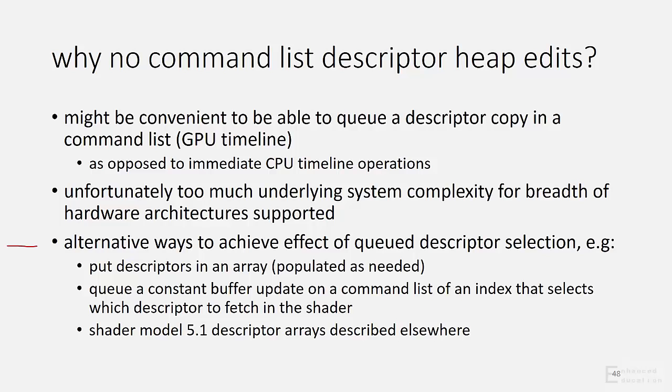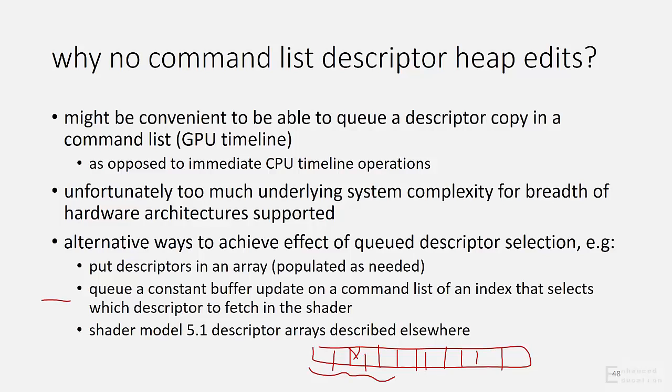One example of that would be to put the set of descriptors that you want to select from into an array in a descriptor heap. And then in order to select which descriptor you want to use in the array, you could queue a constant buffer update on a command list of an index value that a shader can then use to index into the array to select the appropriate descriptor.